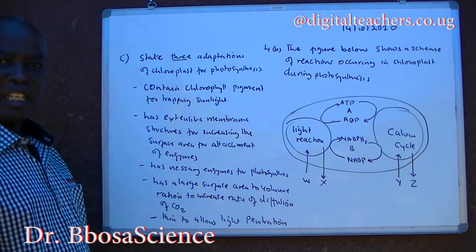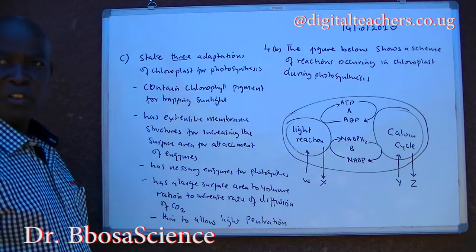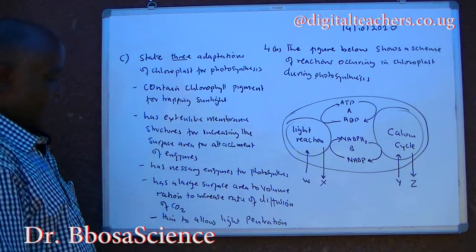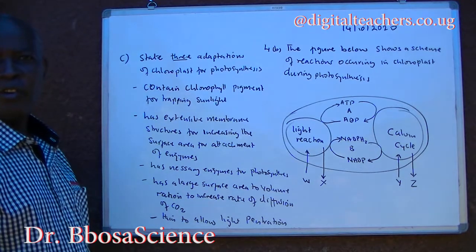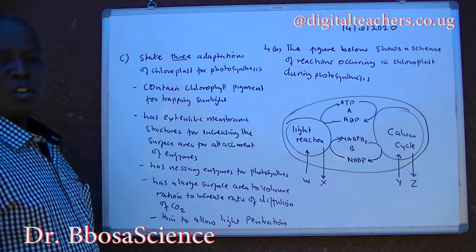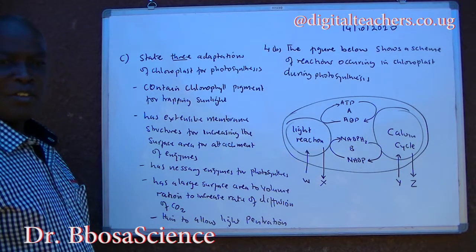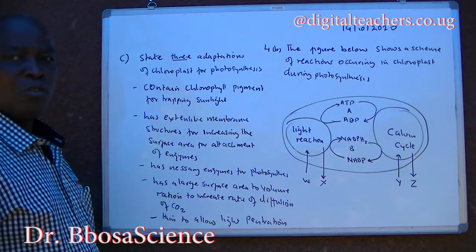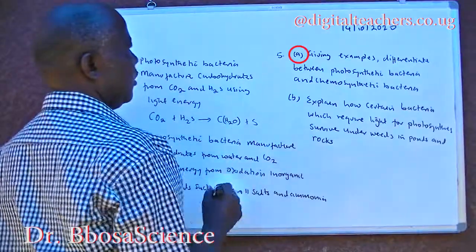Has a large surface area to volume ratio to increase the rate of diffusion of carbon dioxide. 5. It is thin for light penetration. 6. It contains DNA for fast multiplication. And 7. It contains ribosomes for synthesis of enzymes.